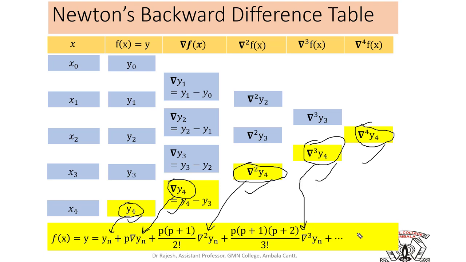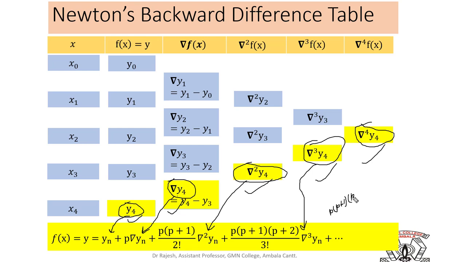And similarly we can write the fourth term also, which is p, close the braces, p plus 1, p plus 2.